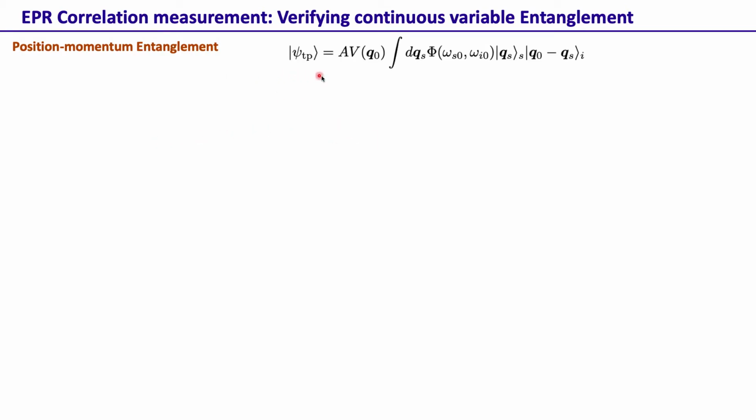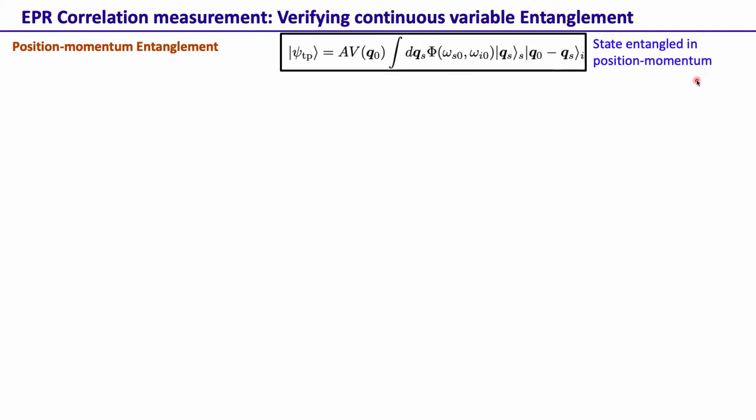We have seen the wave function that Einstein, Podolsky and Rosen constructed in their paper, but this was the wave function that we got when we derived the two particle wave function coming out of parametric down conversion, and we again see that this is a state entangled in position and momentum. Of course, this state is written only in the momentum basis, but we can also have a position representation for this.